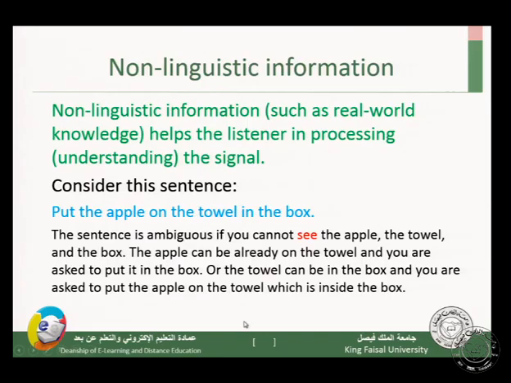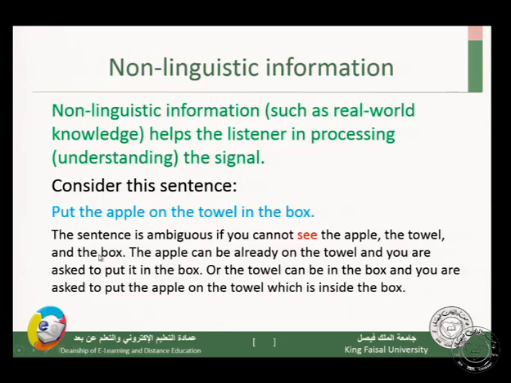The sentence is ambiguous if you cannot see the apple, the towel, and the box. If you don't have this knowledge, if you cannot see these three elements, the apple, the towel, and the box, the instruction, put the apple on the towel in the box, is going to be ambiguous. However, if you are looking at them, if you can see them, this sentence is not going to be ambiguous.